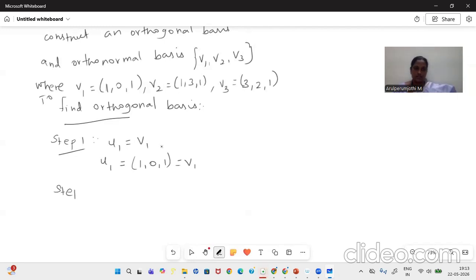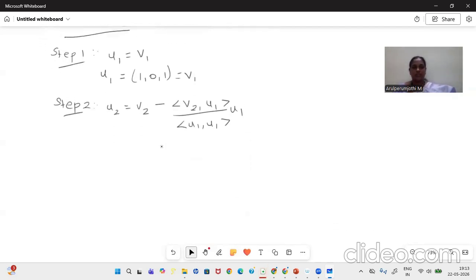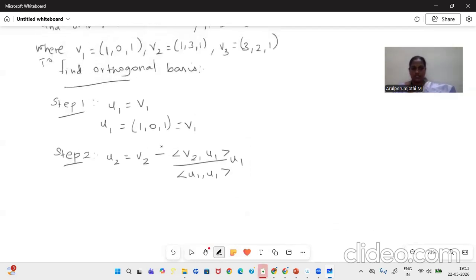And then step 2. U2 is equal to, once again I am repeating the formula, V2 minus inner product of V2 comma U1 divided by inner product of U1 comma U1, into U1. First you fix everything in this formula.